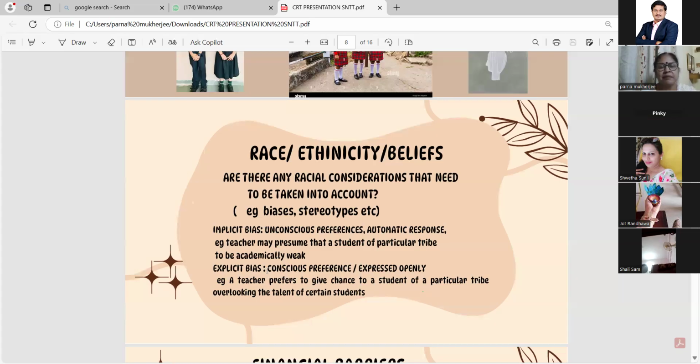And the other one is an undesirable one, explicit bias, conscious preferences, and they are expressed openly. For example, a teacher prefers to give chance to the students of a particular tribe, overlooking the talent of certain students. For example, you are there on the sports field or in the classroom.